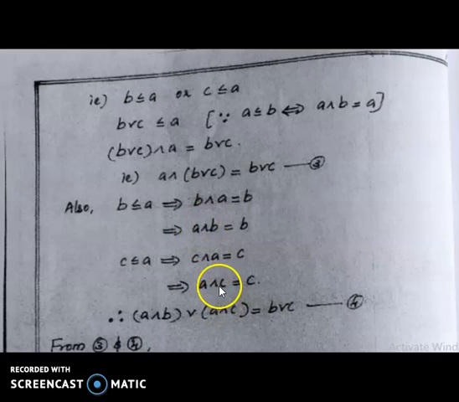Now these two, you combine these two. A and B or A and C. A and B or A and C is B or C. You take OR between this and the next equation, so you get B or C. This is equation number 4. Now 3 and 4, you see RHS is equal.